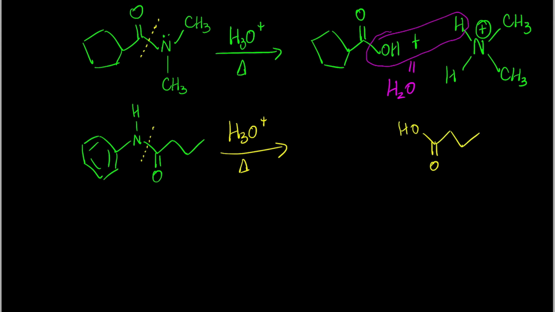And on the left, you're going to form the amine. Now the phenyl group stays attached to the nitrogen. And so you just want to draw 1, 2, 3 hydrogens in order to have 4 total bonds on the nitrogen. So that's pretty much what you've got to do there.